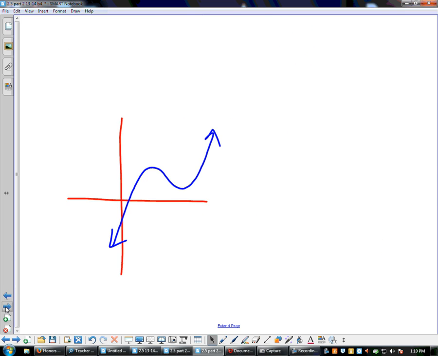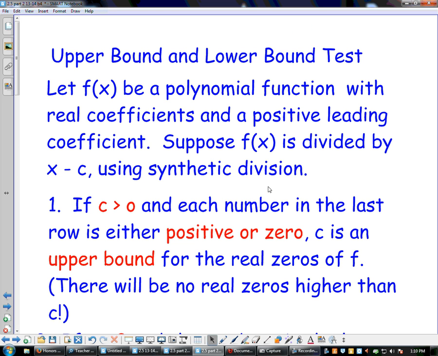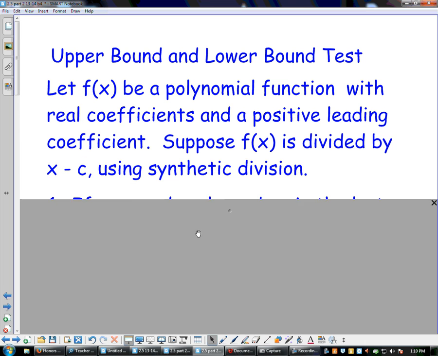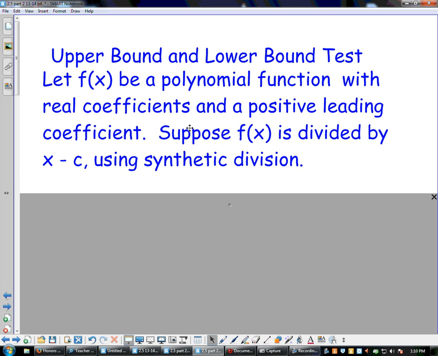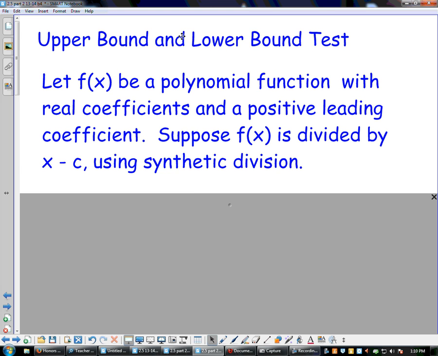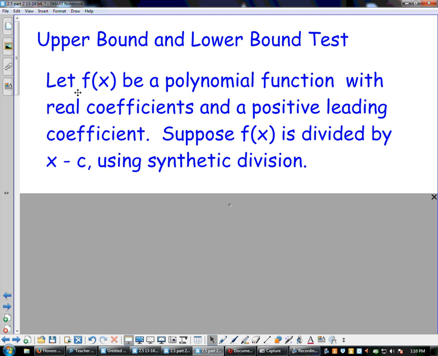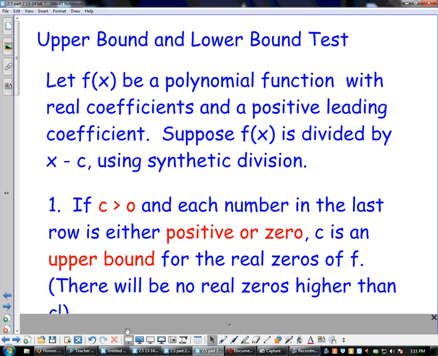All right, moving on to the upper bound and lower bound test. This would be another way of determining how we're doing on finding zeros. So let's say let f of x be a polynomial function with real coefficients and a positive leading coefficient. Suppose f of x is divided by x minus c using synthetic division.